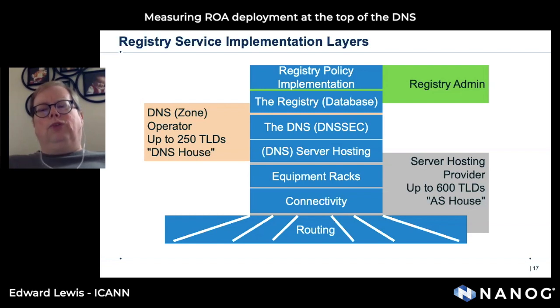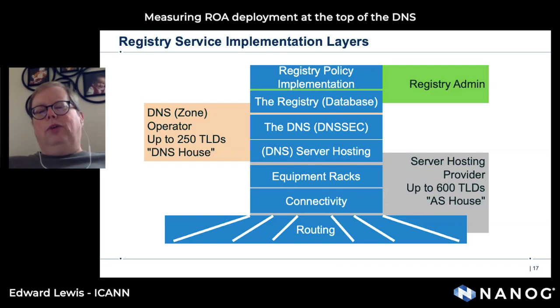People who run servers for other people, and there are up to 600 TLDs in one of these, what I call AS houses. AS house might be the wrong name, but it's basically a collection of autonomous system origins that seem to share DNS servers in them. Now it's kind of surprising that the largest one of these is much bigger than the largest DNS operator out there, because there's some commingling, some sharing of these services.